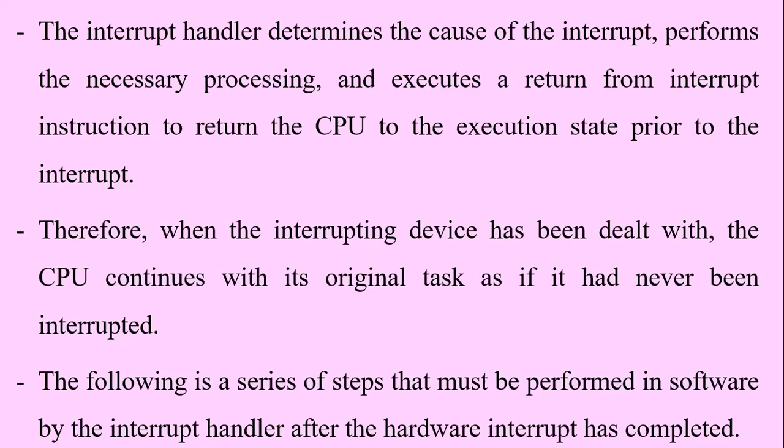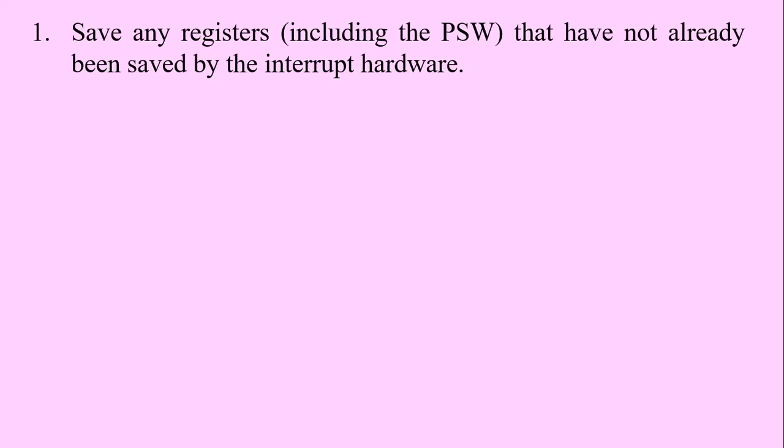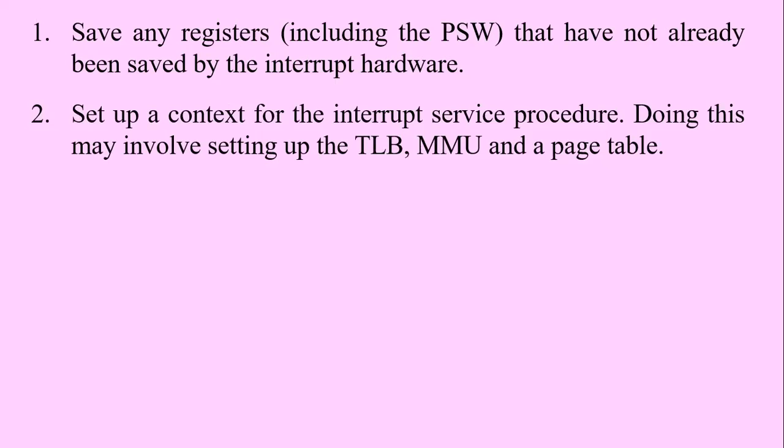The following is a series of steps that must be performed in software by the interrupt handler after the hardware interrupt has completed. Number 1, save any registers, including the PSW, that have not already been saved by the interrupt hardware. Number 2, set up a context for the interrupt service procedure.